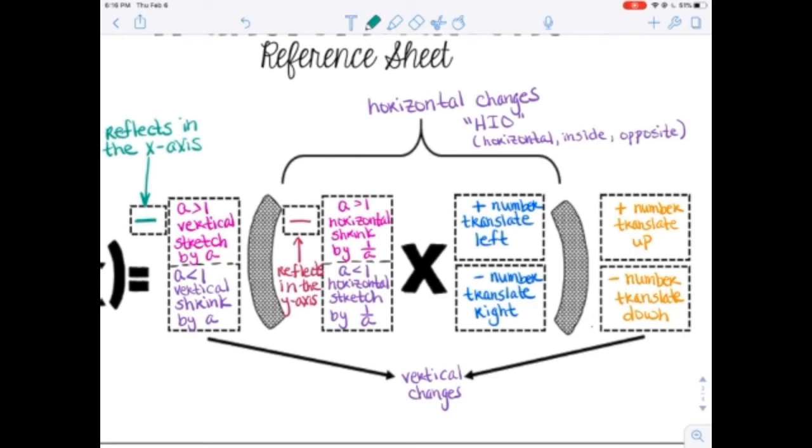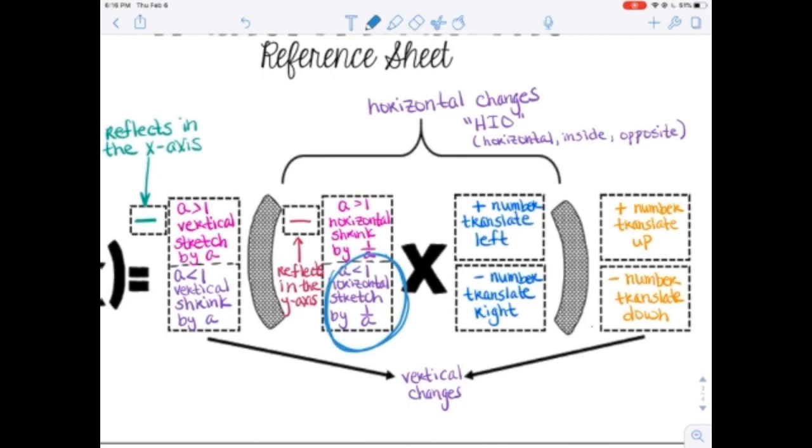And so with that, I can determine that I have a horizontal stretch. And when I report that horizontal stretch, I need to think of the number that I have and flip it upside down, take the reciprocal of it. Notice that it says when a is less than 1, it's a stretch by 1 over a.